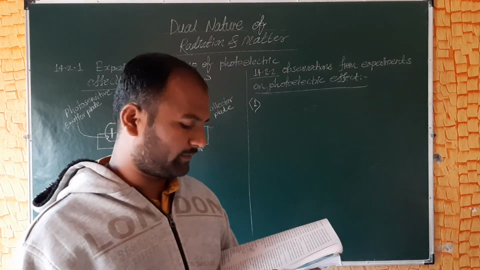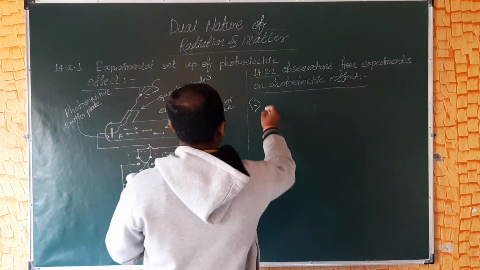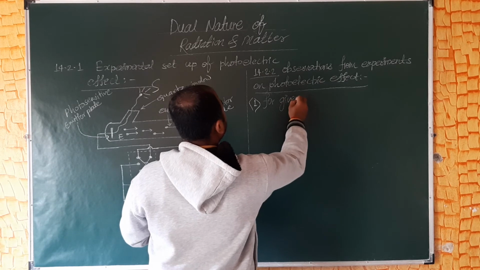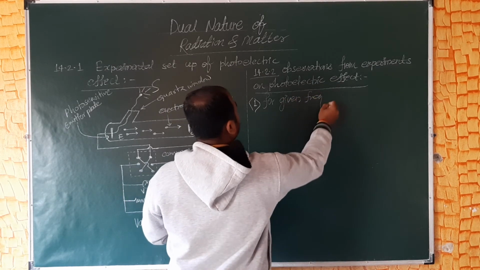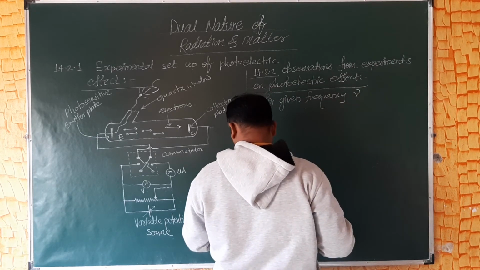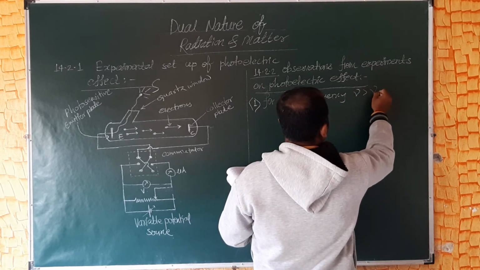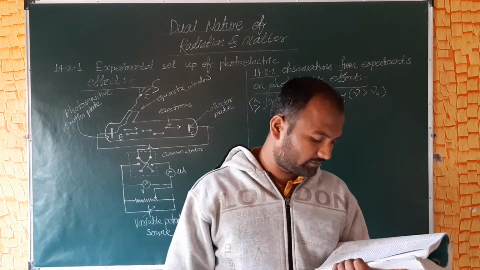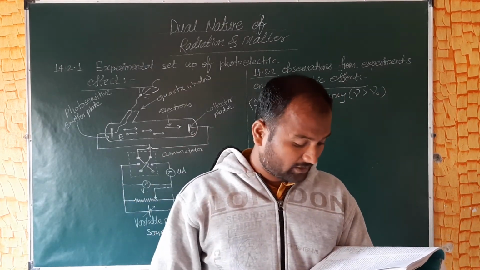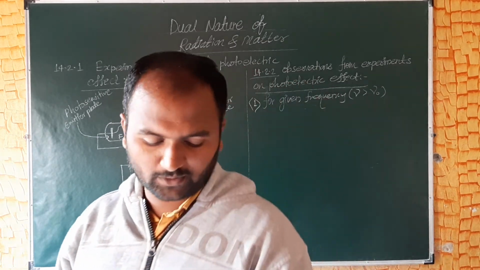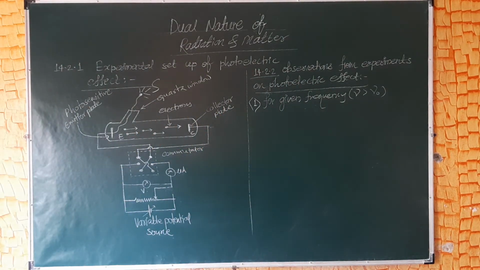So for a given frequency nu greater than nu naught of the incident radiation, no matter how feeble the light was, meaning however small the intensity of radiation, electrons were always emitted.